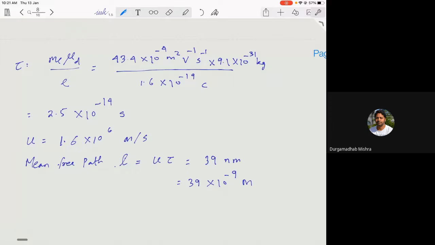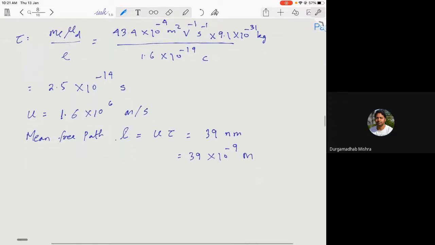Actually, due to drift, if you calculate the speed due to drift, let's say the magnitude is u_D, it is typically of the order of 10 to the minus 2 to 10 to the minus 1 meter per second.